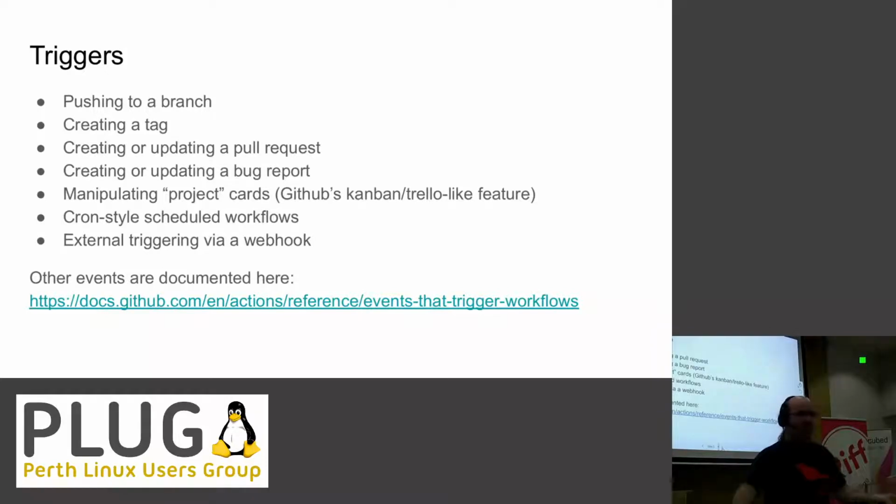So if you move a card to your done column, you might trigger something associated with that card. You can also run jobs on a cron basis. So if you wanted to do something every Sunday, you can have that workflow run then, no matter whether changes get made to the repository or not. It's also possible to externally trigger via a webhook, and you can also just have workflows which are triggered directly from the website manually.